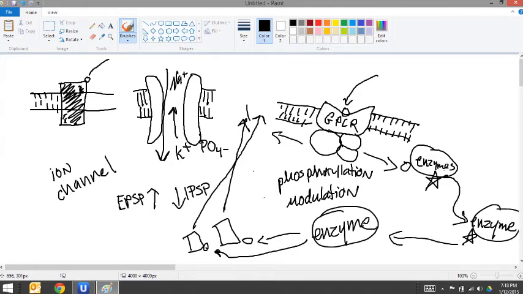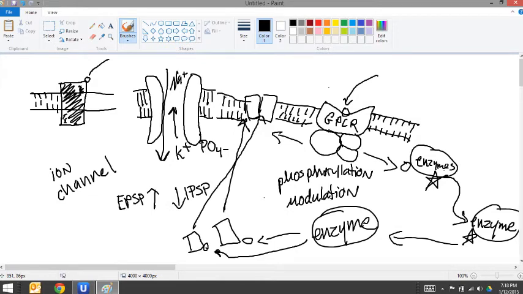It can influence what chemicals the cell is making. It can influence the number of ion channels in the membrane, and it can influence the efficacy of channels that are already in the membrane. So the effects of G-protein coupled receptors are much more substantial than just simple ion channels in that respect.